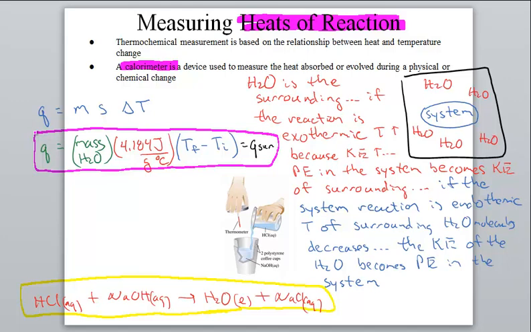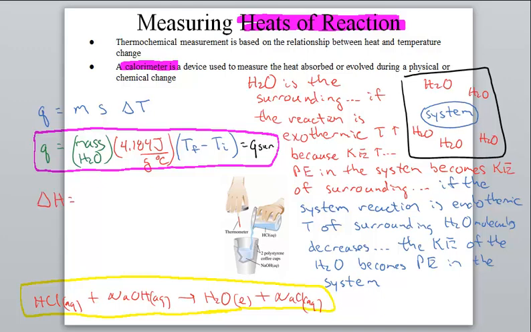That just tells us the heat flow, and that's not really a relative number. For example, if you burned a gallon of gasoline versus 10 gallons of gasoline, the heat that flows from it is going to be different. But if you wanted to know the relative amount, how much energy per gallon, you need to get something that's relative, and that's what delta H gives us.